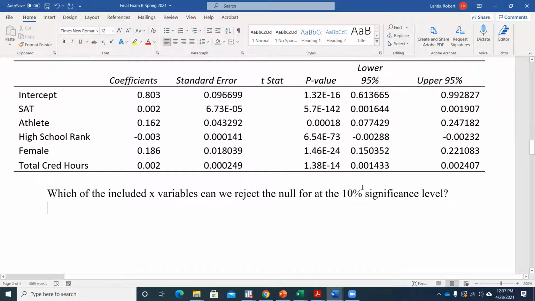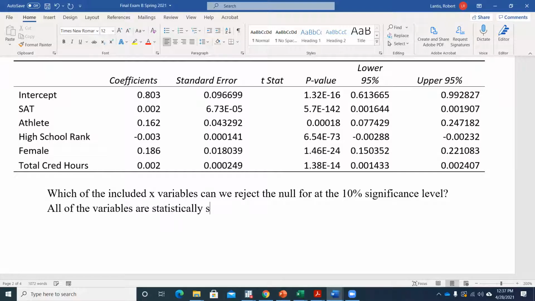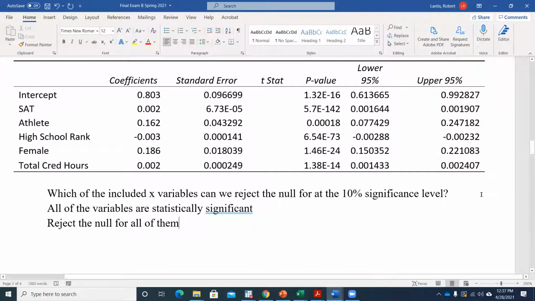Is 0 less than 0.1? Yeah. So I can reject the null for all of these. Said differently, all of the variables are statistically significant at a 10% level. Or it could have said that I reject the null for all of them. And why?